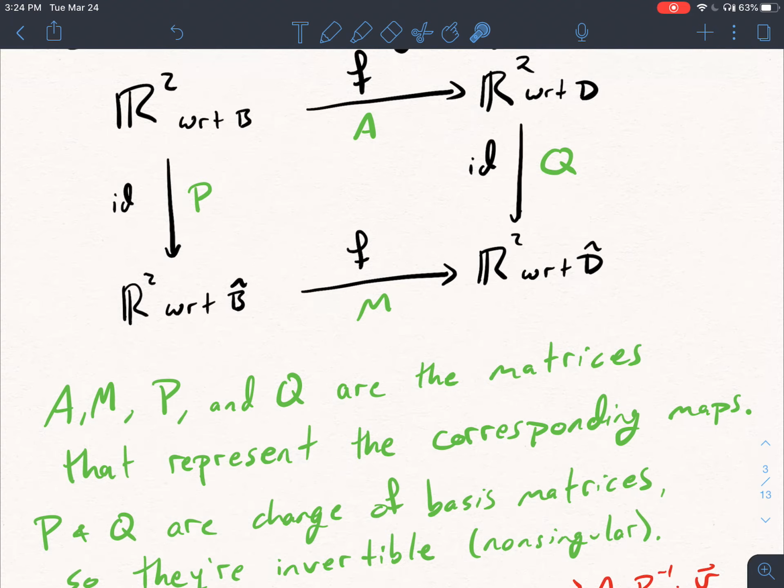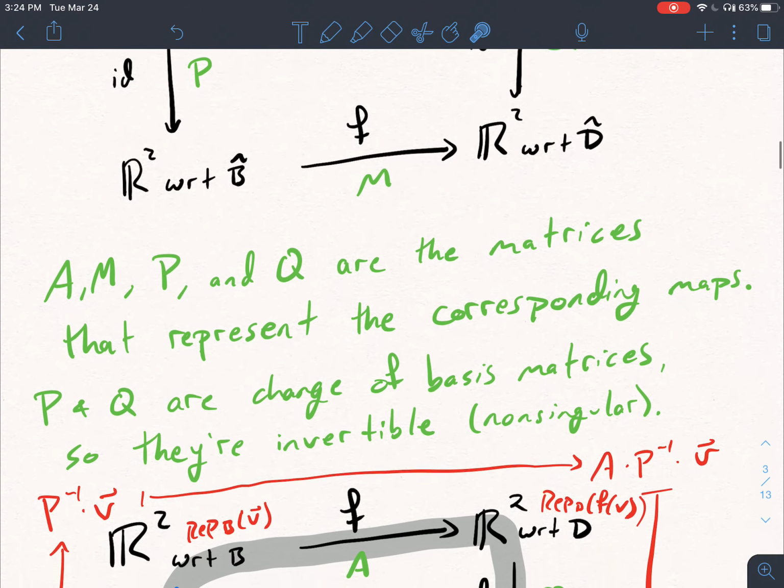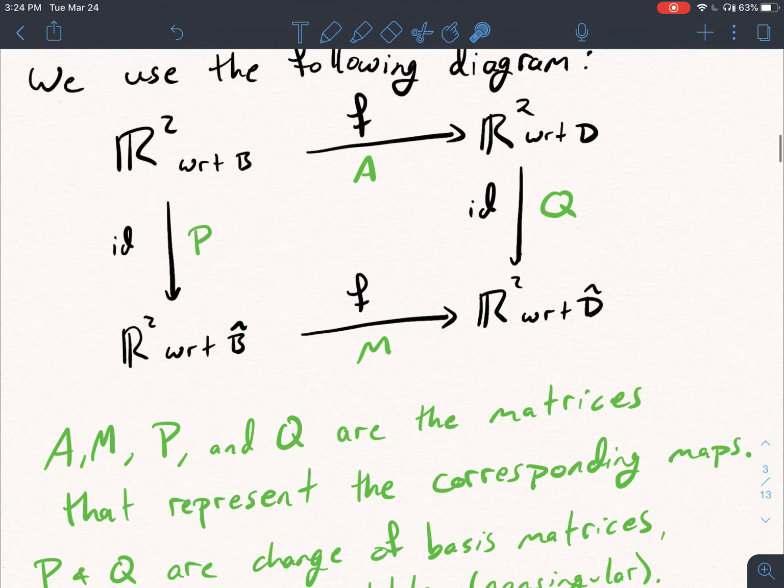Maybe it's not completely obvious that the inverse of this matrix P is actually the change of basis matrix for the identity with respect to B hat and B, the reverse of B to B hat. But that is true, and that does work out. Let me just write that real quick.